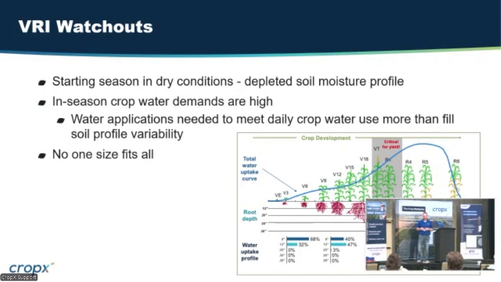So we've got to be mindful of how much that crop is using during the peak of that reproductive season. Don't cut it short, but utilize VRI early and late is going to be your biggest opportunity. And like I said earlier, no one size fits all.